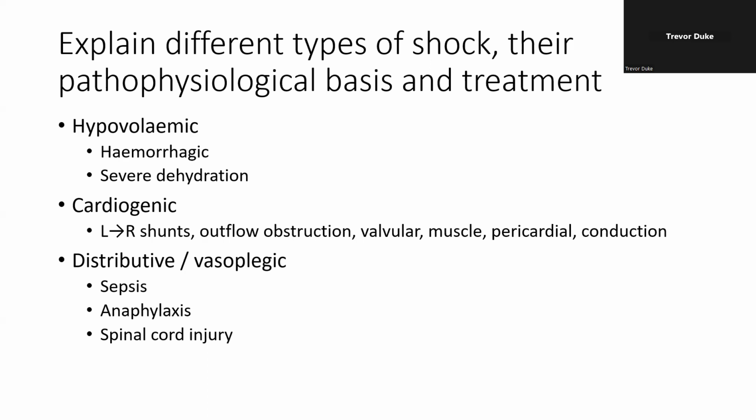They can all lead to cardiogenic shock, but usually a child will present in heart failure rather than in cardiogenic shock. Cardiogenic shock is a much more extreme form of heart failure, isn't it? But hypovolemic, cardiogenic, and then there's another type of shock which is a bit mixed in terms of the different causes, but it's often called distributive or vasoplegic.